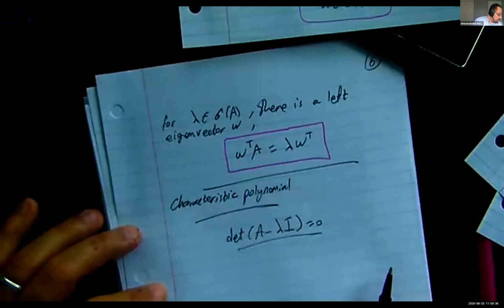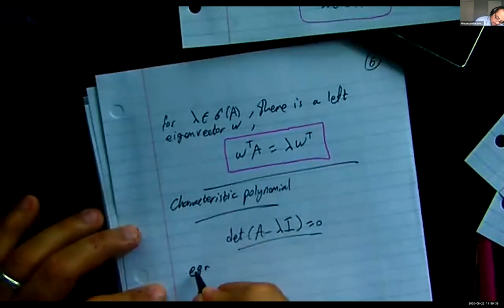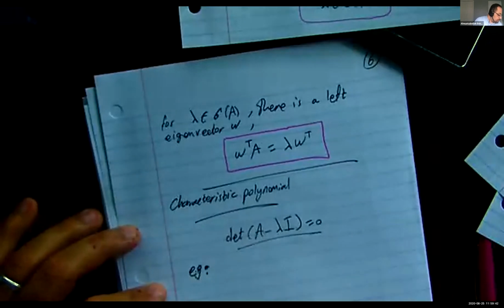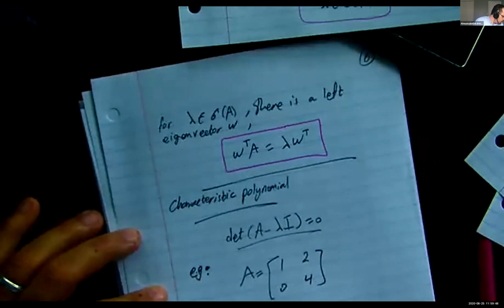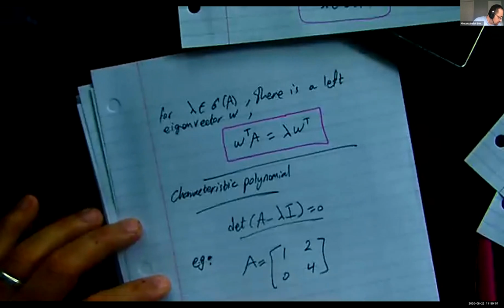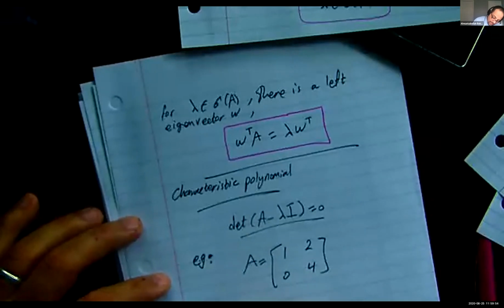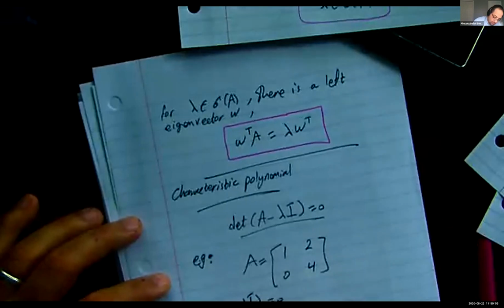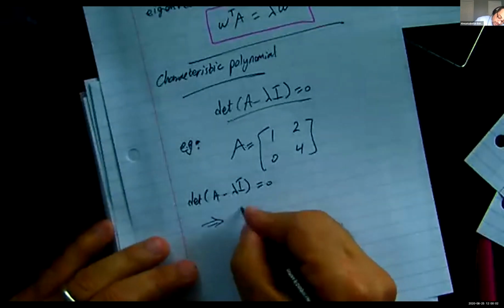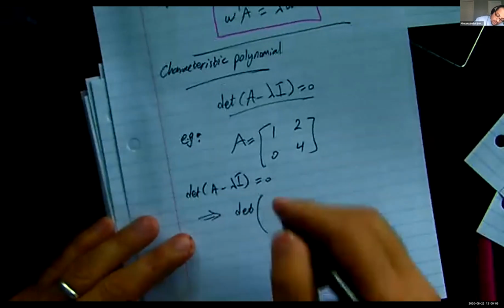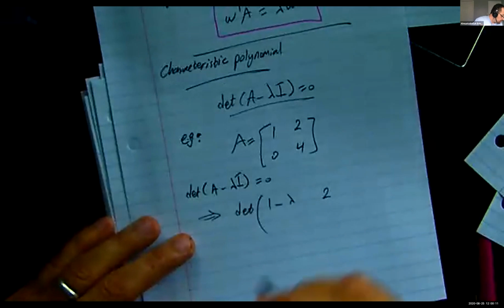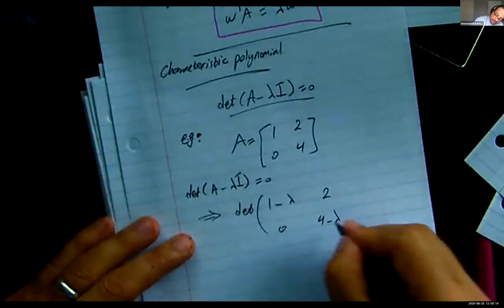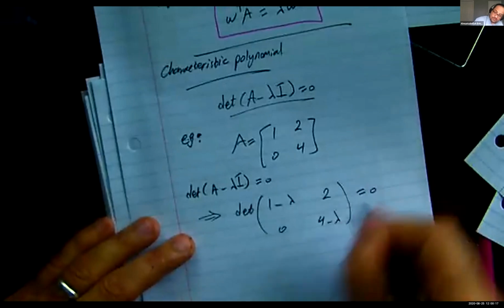So for example, if we have A equal to [1, 2; 0, 4], then the determinant of A minus lambda I equal to 0 is given by this: the determinant of [1 minus lambda, 2; 0, 4 minus lambda] is equal to 0.